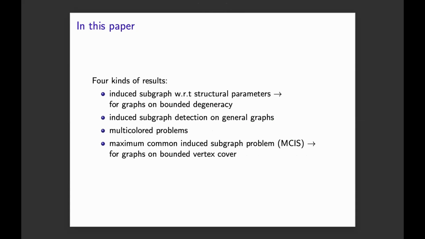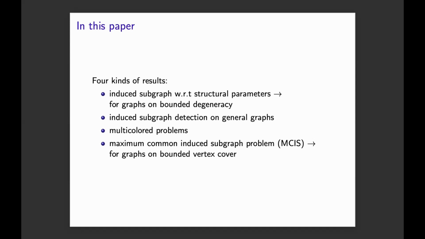In this paper, we have four kinds of results. We take advantage of structural parameters to design efficient algorithms in CONGEST, and then we generalize our result to general graphs. Since there are multicolored versions of these problems in the non-distributed case, it's natural to ask about the multicolored version of induced subgraph detection in CONGEST.